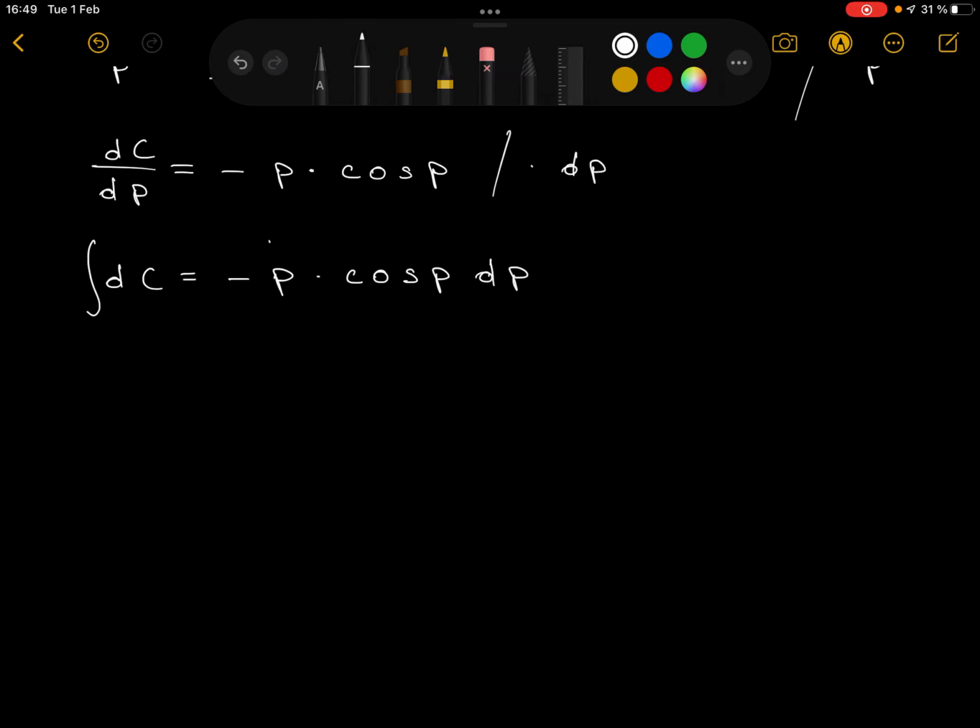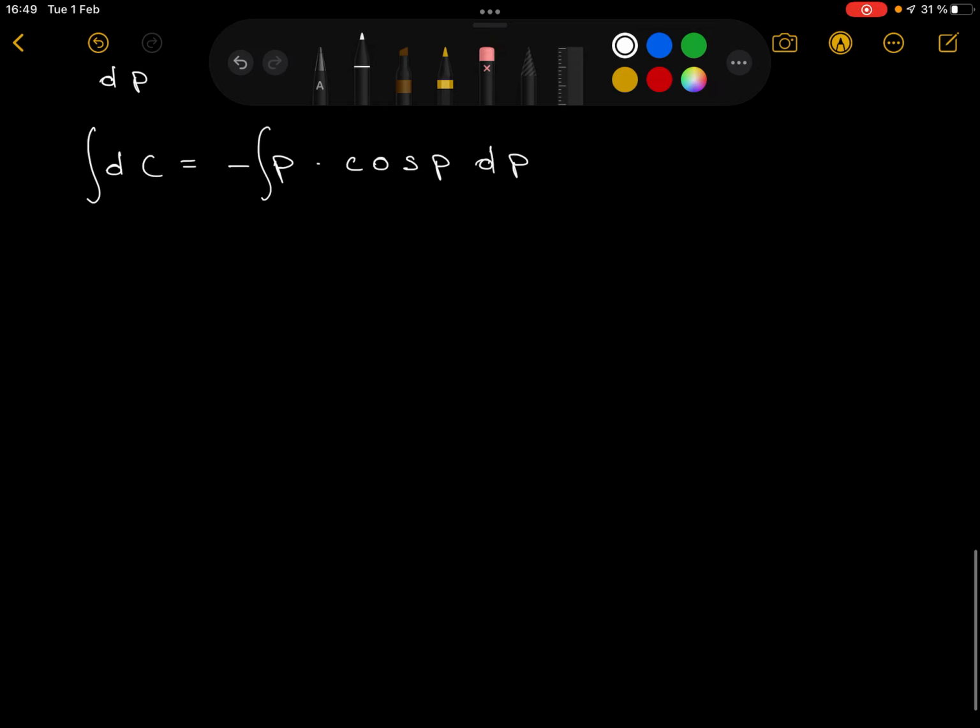And now we can simply integrate both sides. So c is going to be equal to the negative integral of minus p times cosine p dp.